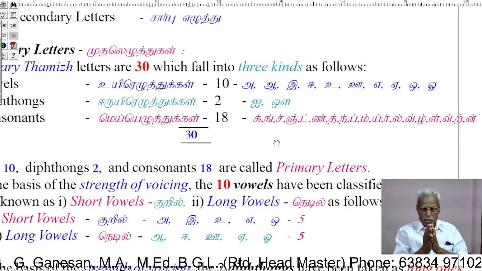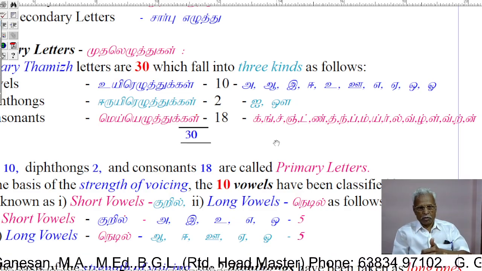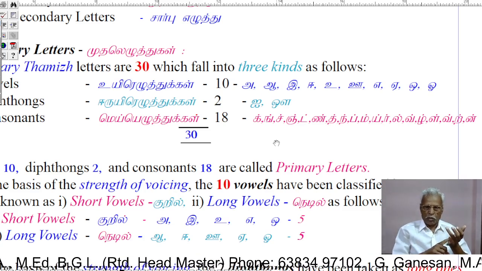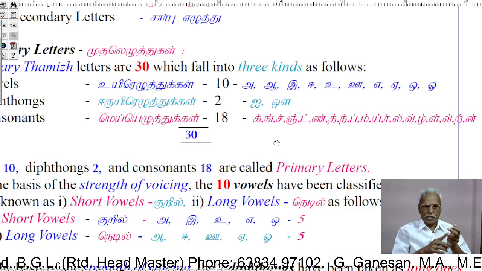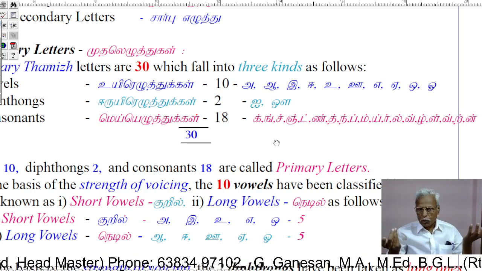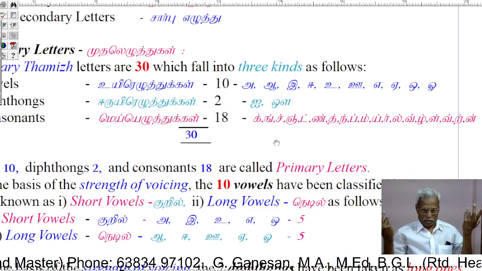These 30 letters combine. Out of 30 letters, that is 10 vowels and 2 diphthongs, combined with the 18 consonants, giving 216 compound letters.